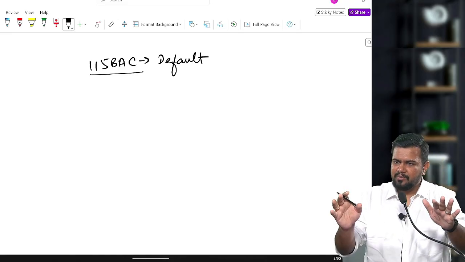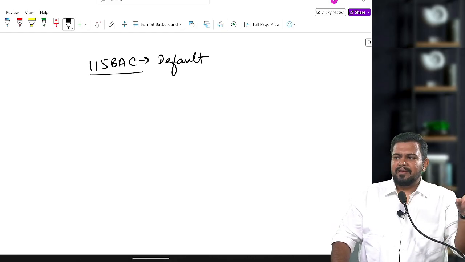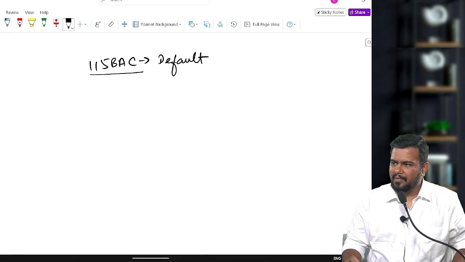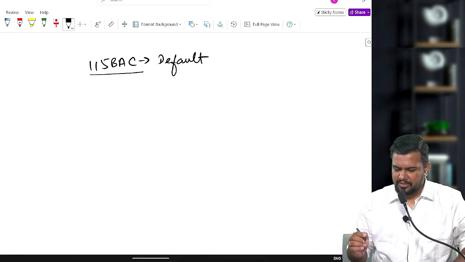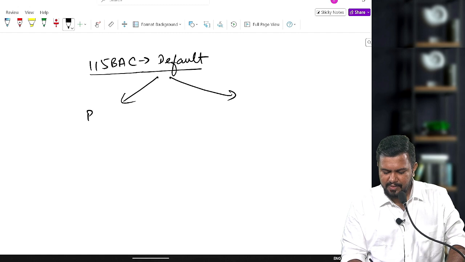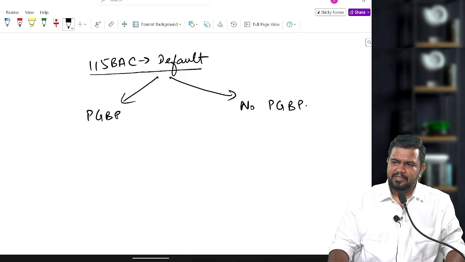Generally, you are in the new scheme only. That is the default tax regime. But if you feel that the old scheme is more beneficial, then you can also opt out and take the old scheme. But here there is a differentiation. You have to see whether the assessee has PGBP income or no PGBP income. PGBP means profit and gains of business or profession.